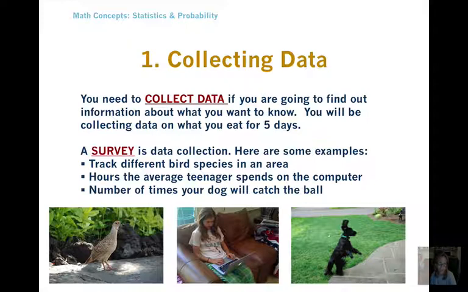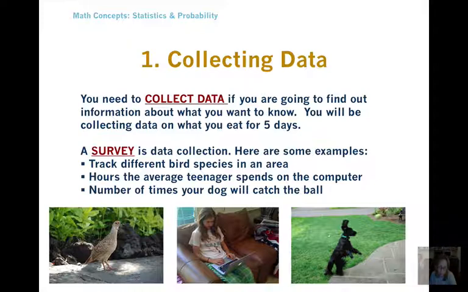1. Collecting data. The first task is to collect the data. You can't do anything without a survey. What you survey can be as broad as the data Google collects to as simple as how many times your dog will catch a ball, which in my case is pretty often.